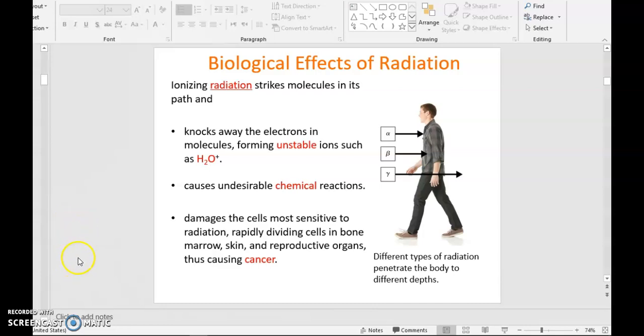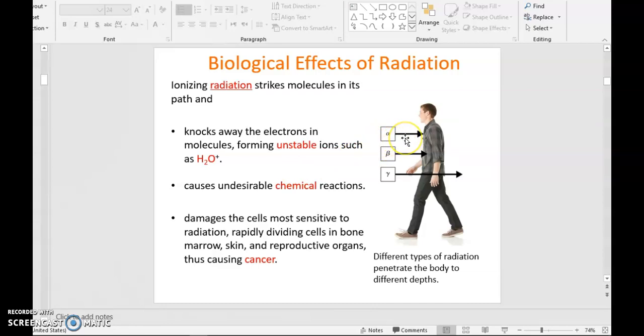Alpha, beta, and gamma radiation are harmful to any organism, because they knock away electrons in molecules, forming unstable ions. These unstable ions cause undesirable chemical reactions that can cause cancer and other diseases.